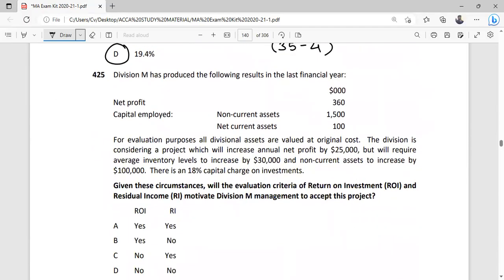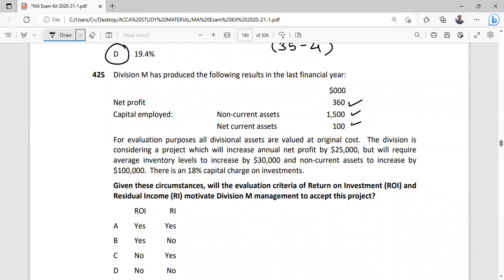Okay. Division M has produced the following results in the last financial year. Net profit of 360,000, capital employed of non-current assets 1.5 million, net current assets is 100,000. For evaluation purposes, all divisional assets are valued at original cost.